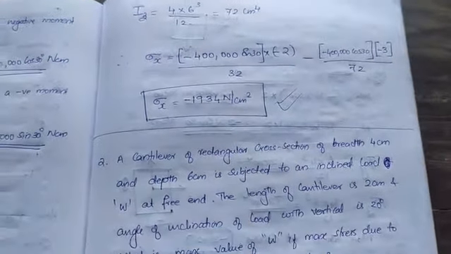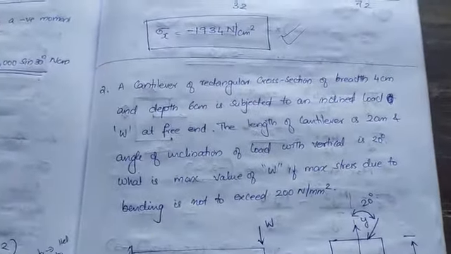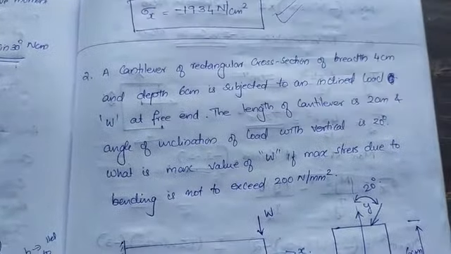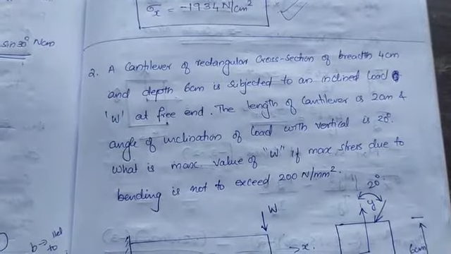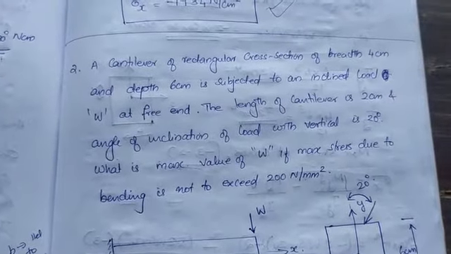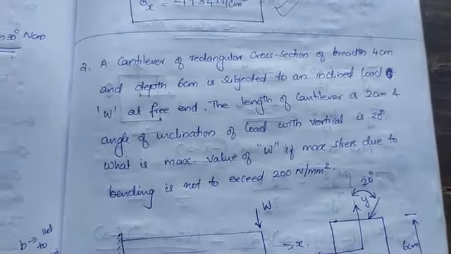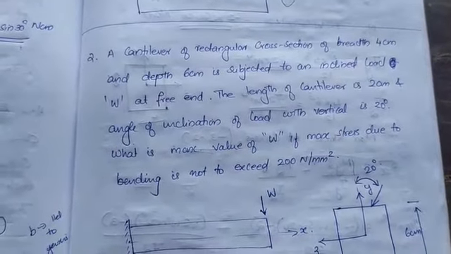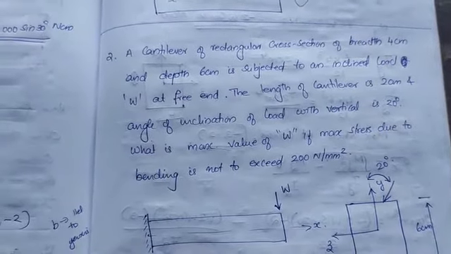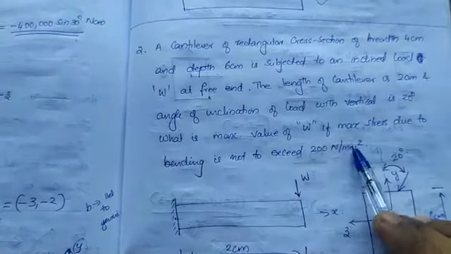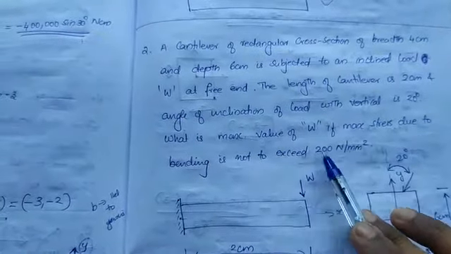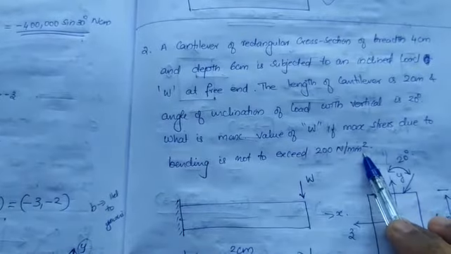Now we'll do one more problem. A cantilever of cross section of breadth 4 cm and depth 6 cm is subjected to an inclined load W at the free end. The length of the cantilever is 2 cm and the angle of inclination of the load with the vertical is 20 degrees. What is the maximum value of W if the maximum stress due to bending is not to exceed 200 Newton per mm square?